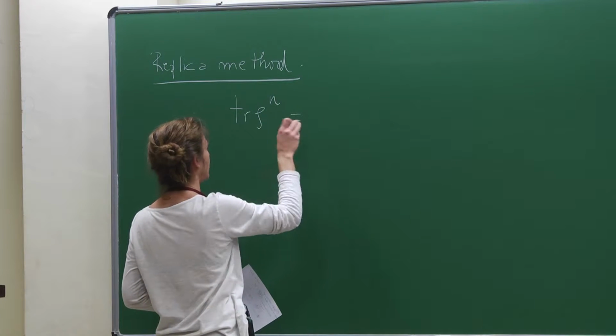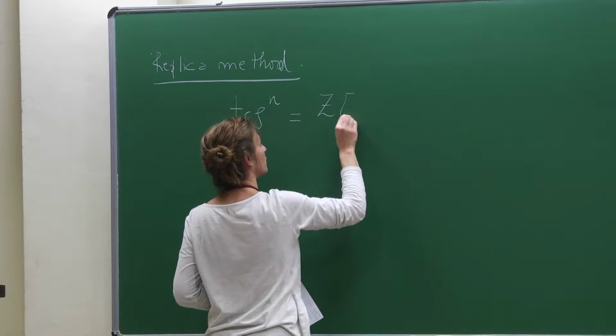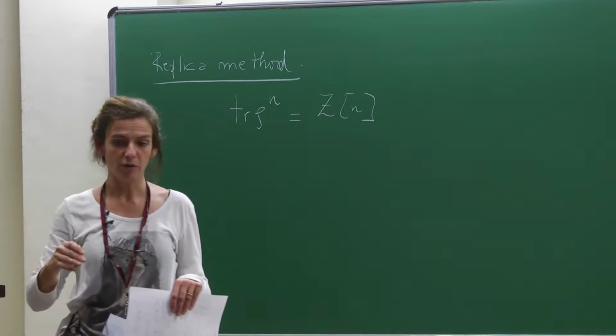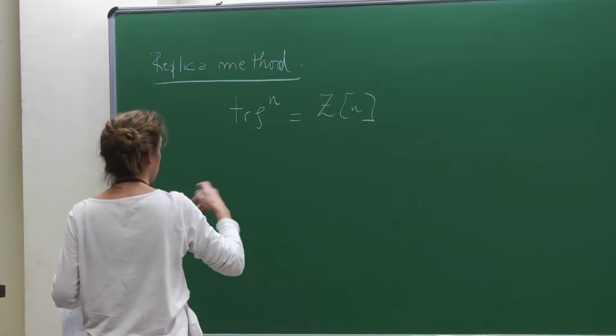You have an identification of this object with the partition function in a very complicated manifold. Okay, it's a replicated manifold with conical singularities.